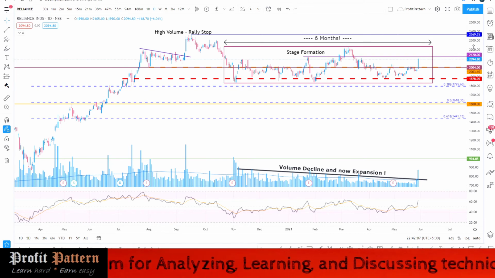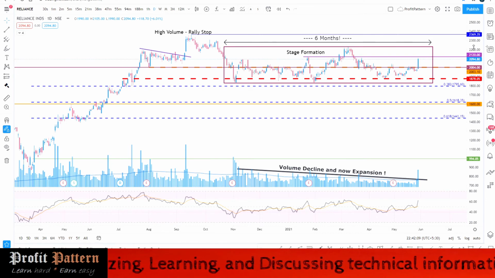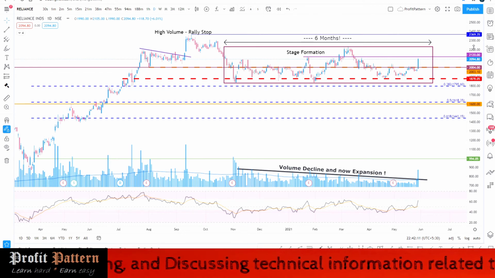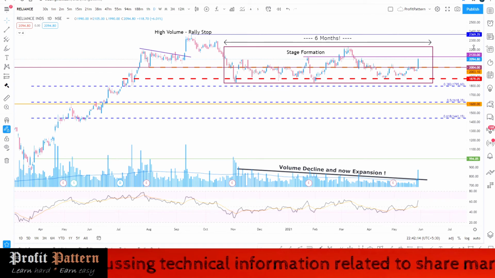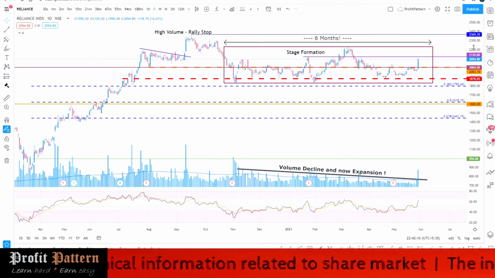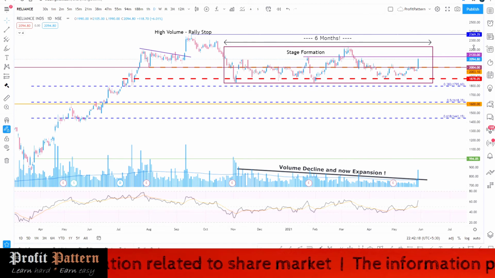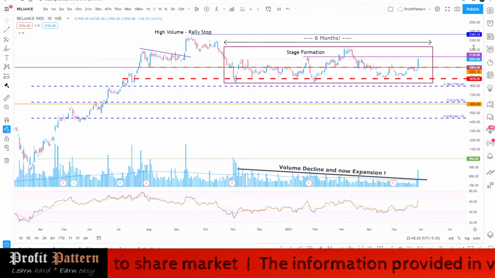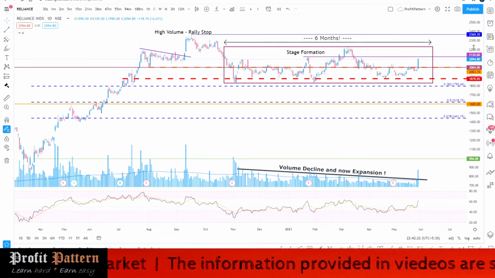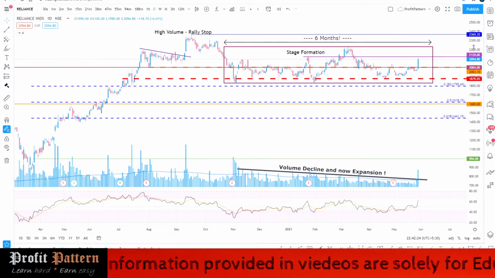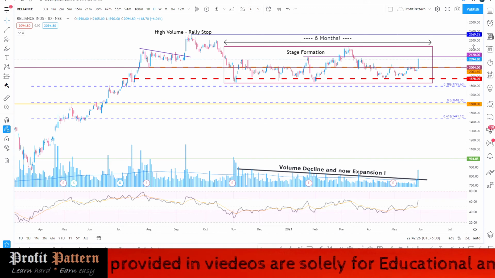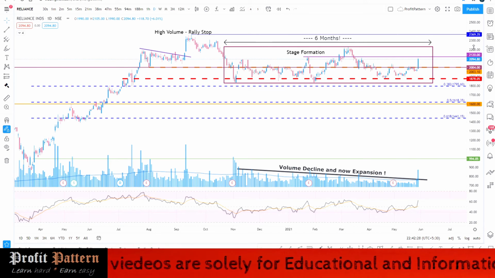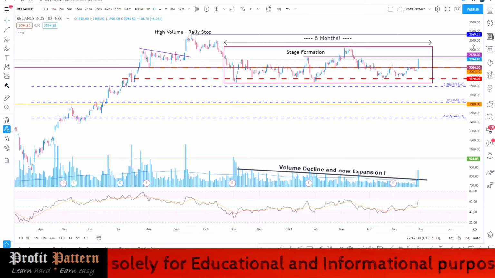Now let's talk about the stop losses. As I said, 1800 has been the lower boundary of this stage formation. So I will keep my stop loss near the 1800 area. 1800 would be a good stop loss for Reliance Industries for a longer time frame if I am doing a positional trade in it.